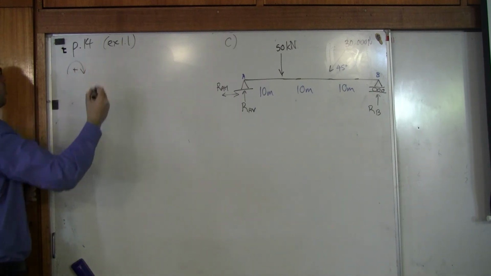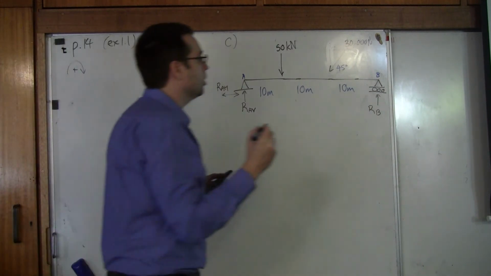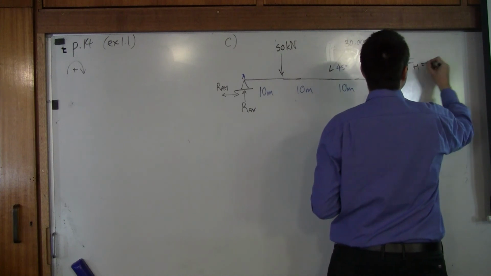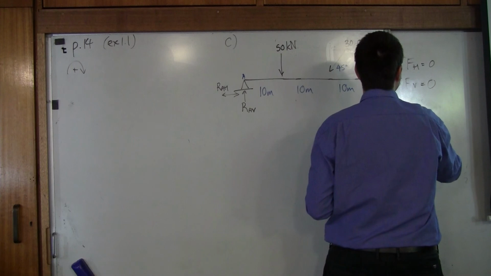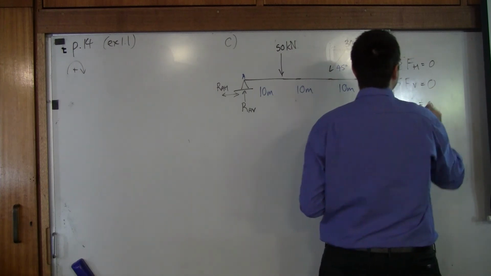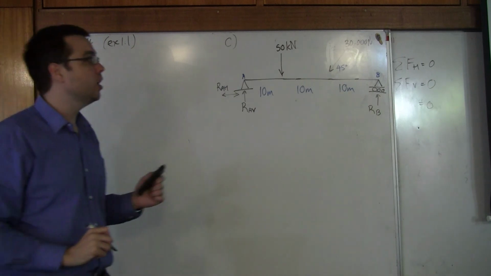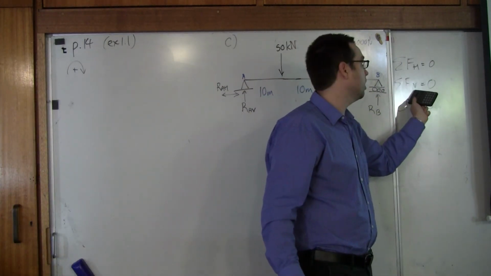Okay, no problem. Now, there are 3 proofs that we use in this subject. We use the sum of the forces horizontally equal to 0, the sum of the forces vertically equal to 0, and the sum of the moments equal to 0. Which equation are we going to use to start off with? Well, we can't do vertical because we've got 2 unknowns in that situation.